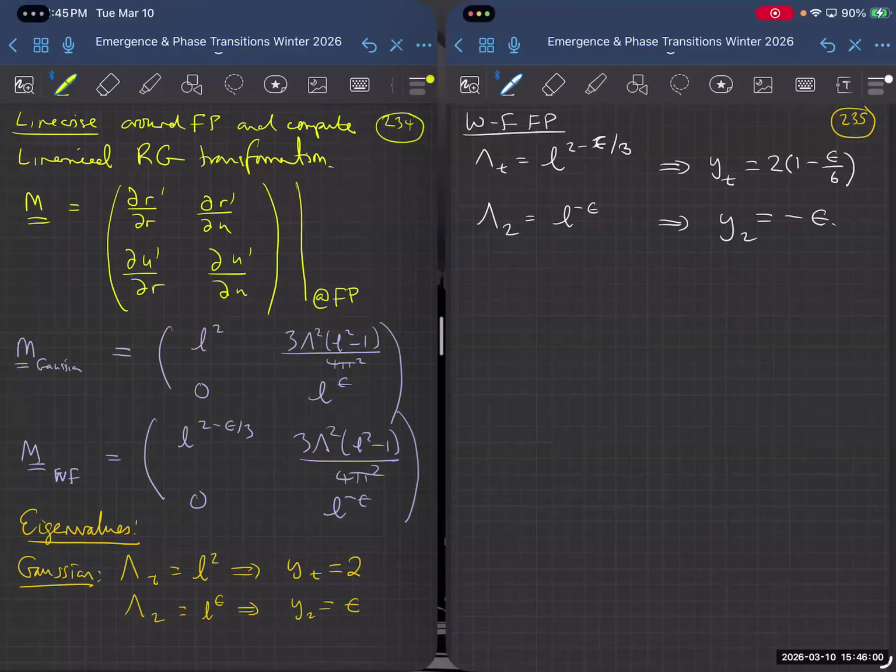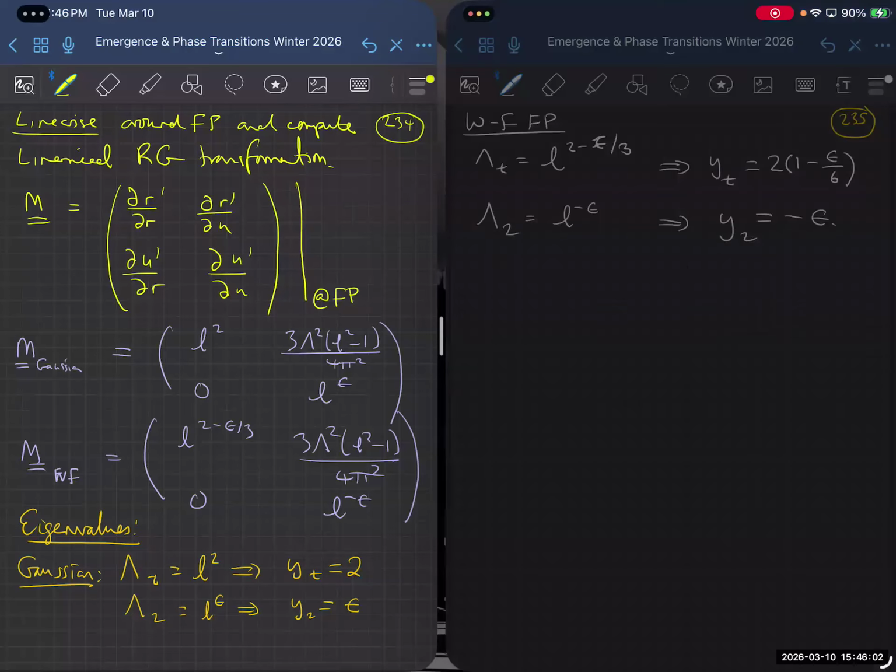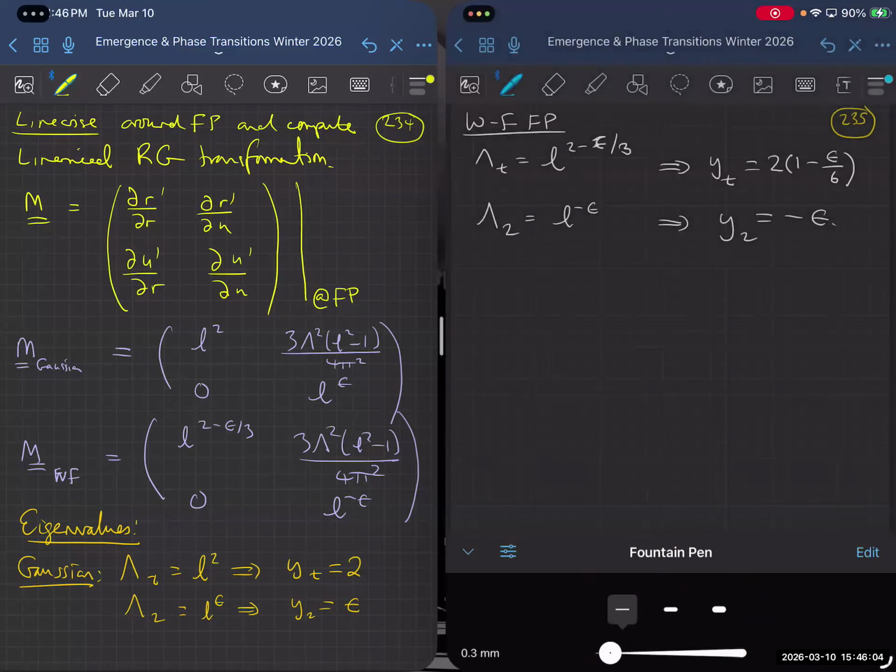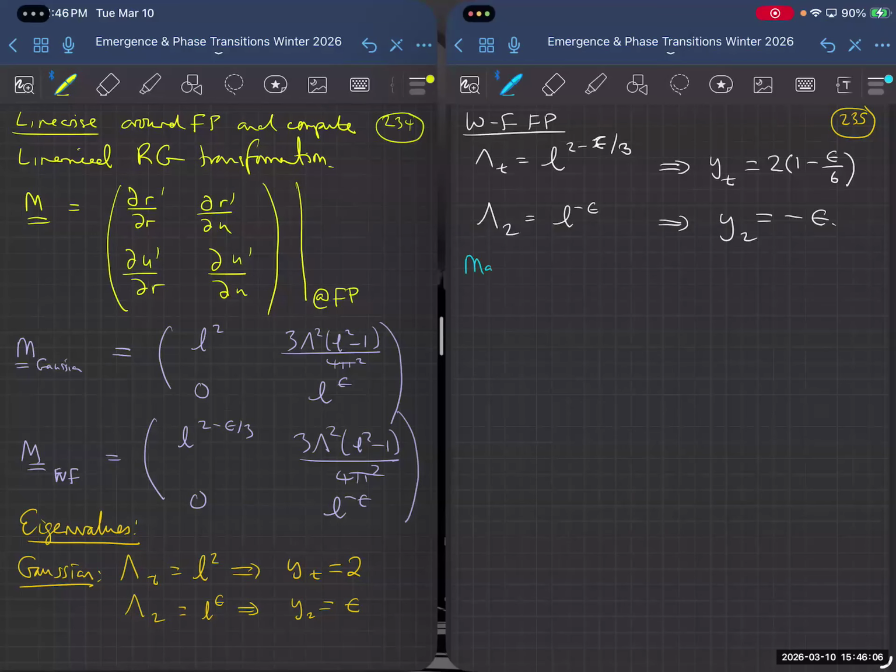So the thing you'll notice is that the matrix is not symmetric. And so the eigenvectors are not orthogonal.